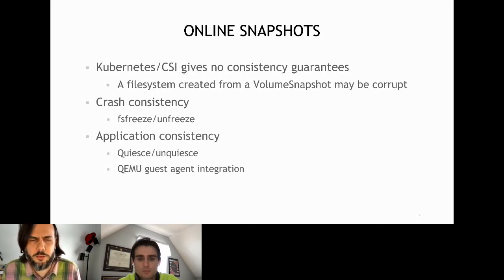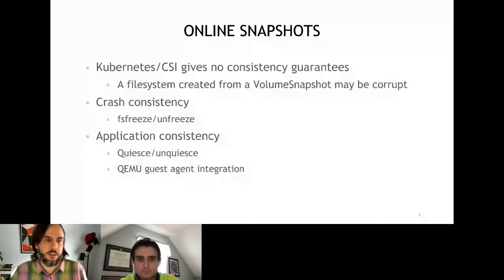So for crash consistency, at minimum you have to do an FS freeze, unfreeze. And again, the data protection workgroup knows about this, and there are a couple different initiatives. There's a container notifier, and there's also the execution hook, which has been around for a while. But the thing is, to do FS freeze, unfreeze, you need privileges typically. So if we can't get the kubelets to help us out, we're kind of lucky in that we have virt-handler around, which is somewhat privileged.